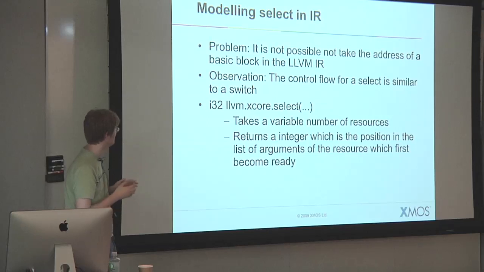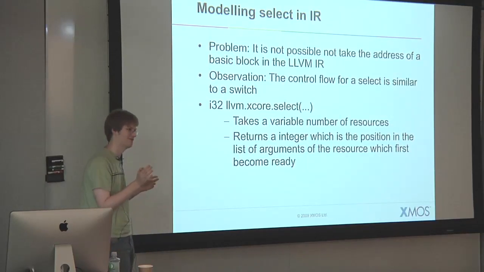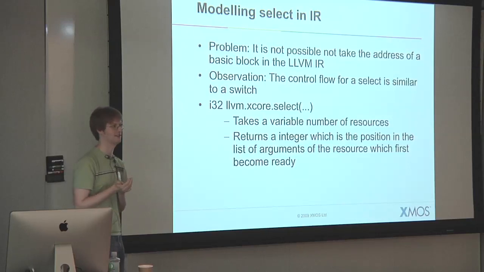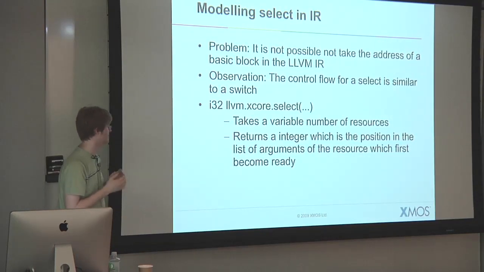So we introduced an intrinsic, LLVM XCore select, which takes a variable number of resources, and all it does is return an integer to say which one of those resources in that argument list is ready to event.